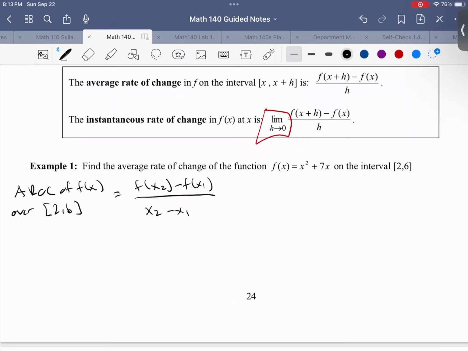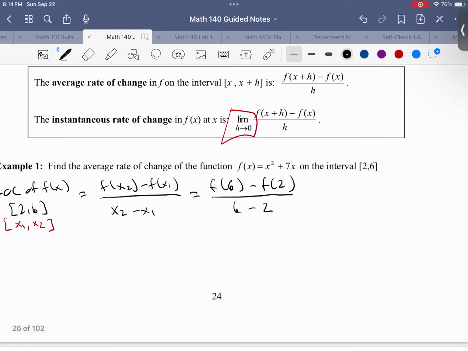And just in case, this is your x1 and that's your x2. All right, so what this becomes is just f of 6 minus f of 2 over 6 minus 2. And so now it's just plugging in 6 and 2, getting our outputs, and finding out what that answer is.